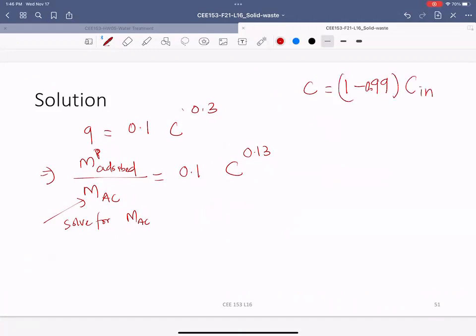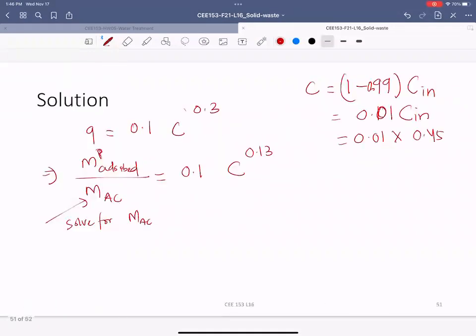That means only 1% is left: 0.01 times C in, which is 0.5 moles per liter. So you know the C now.